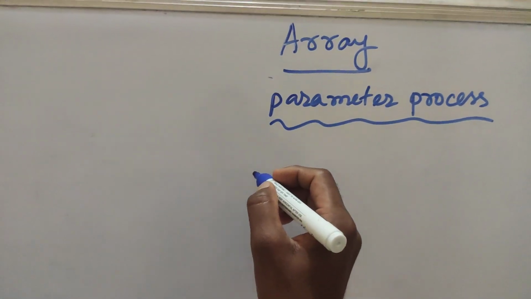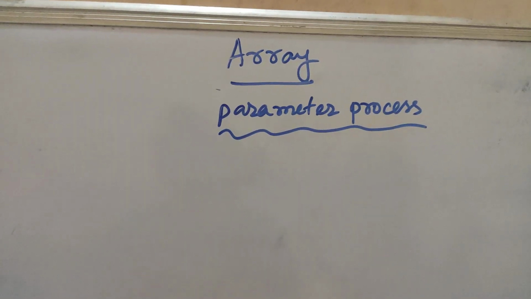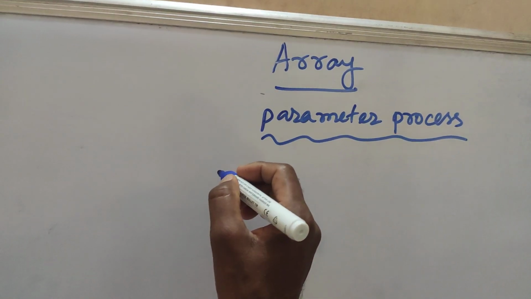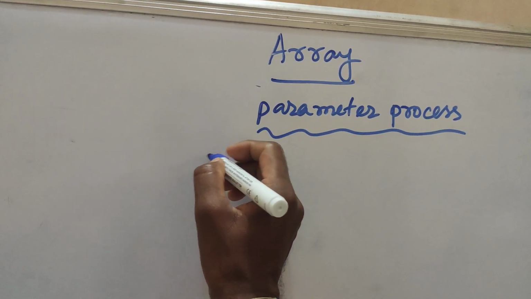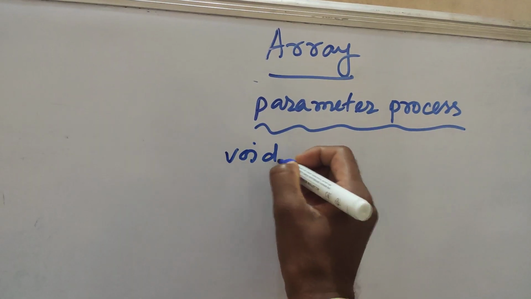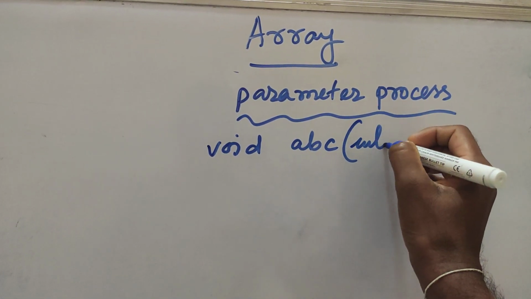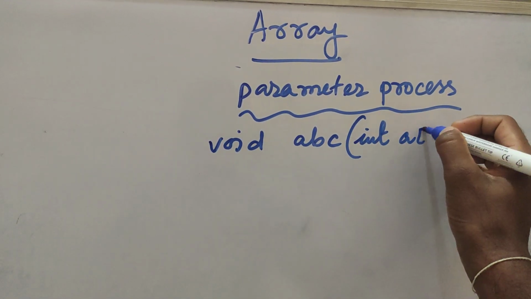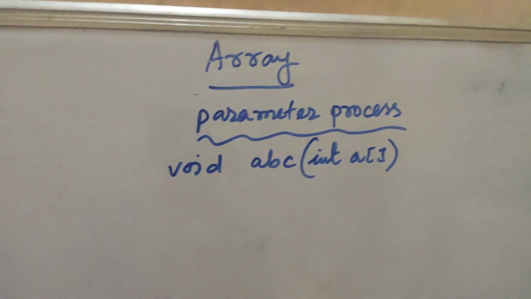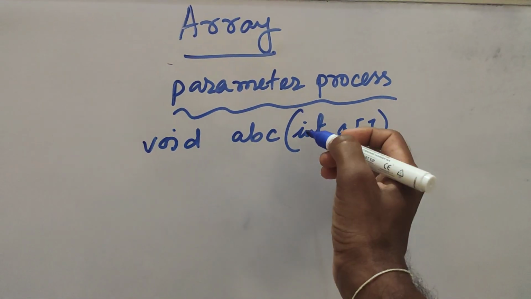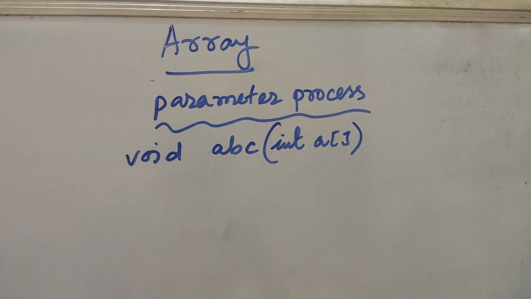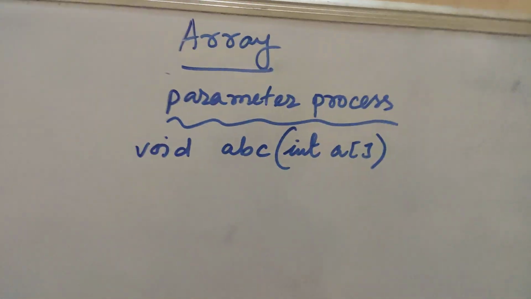See, in parameter process, you declare the variable within a function signature, suppose void ABC. Inside that we take the variable, suppose int a. That way this is called function parameter. Which type of parameter is this? Formal parameter.